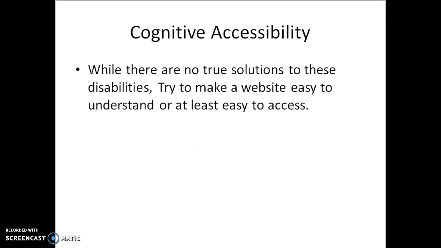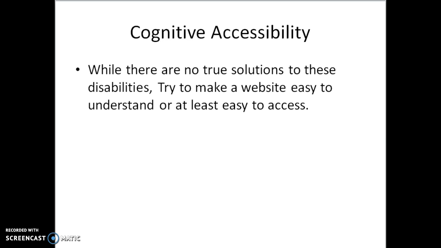Now, cognitive accessibility. This is a little bit harder to really define, as I could not find any simple, easy things. If they have cognitive disabilities, just try to make it easy to access for people with those disabilities.